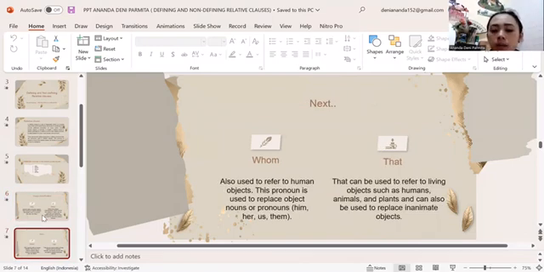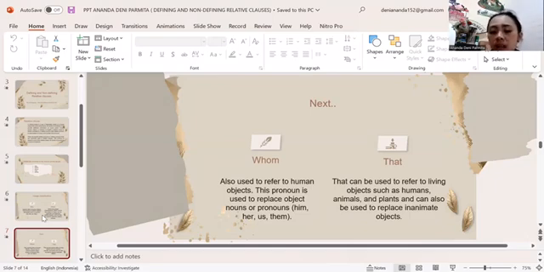Next, whom is also used to refer to a human object. This pronoun is used to replace object nouns or pronouns, like him, her, us, and them.